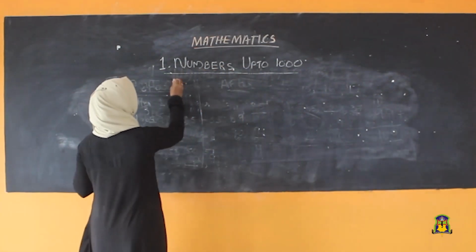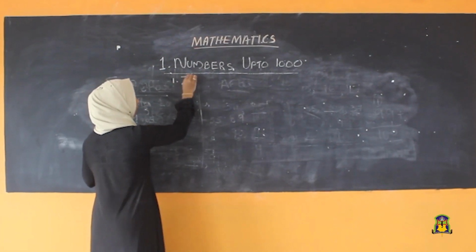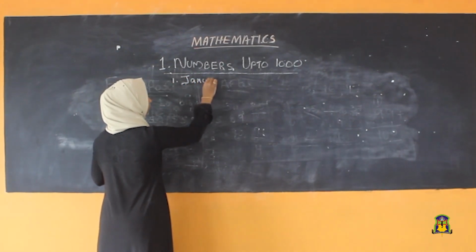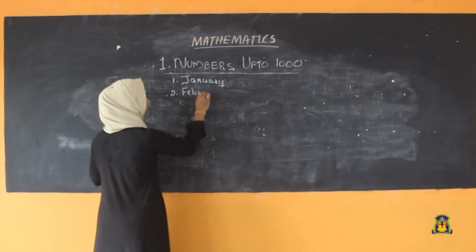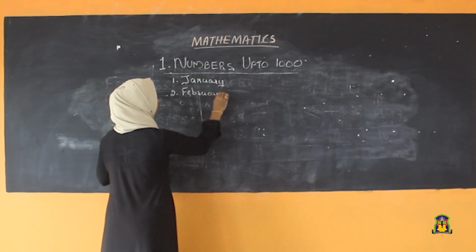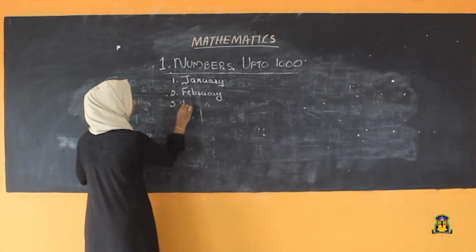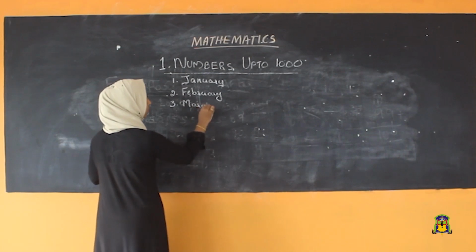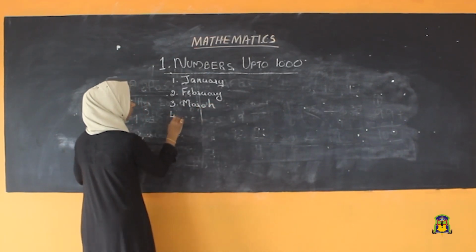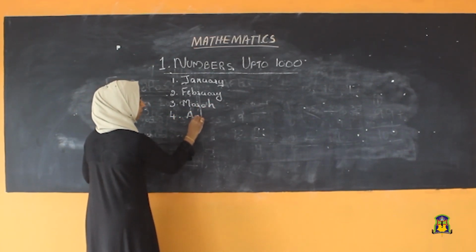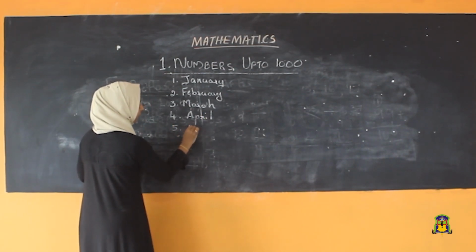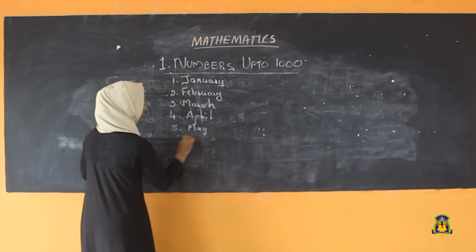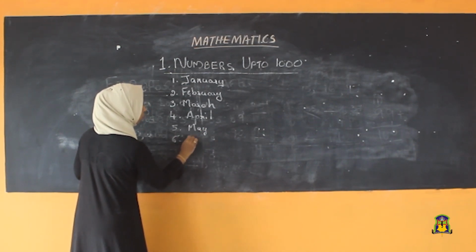Which are they? January. Second one, February. Third one, March. Fourth one, April. Fifth one, May. Sixth one, June.